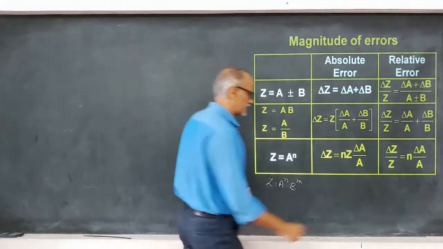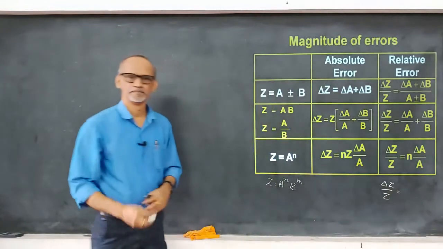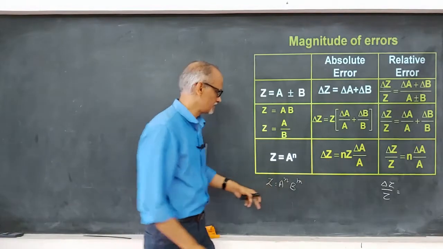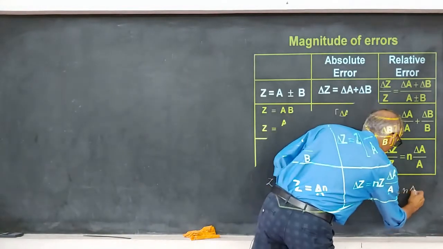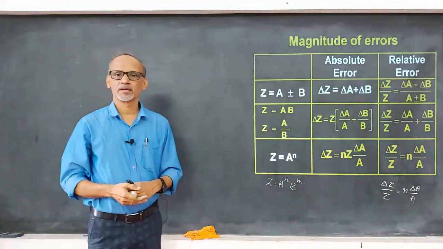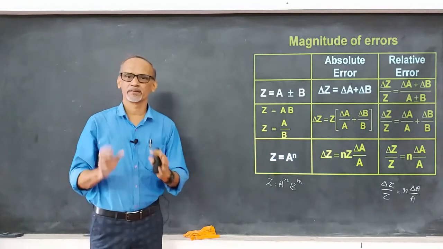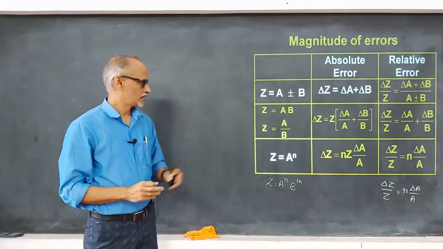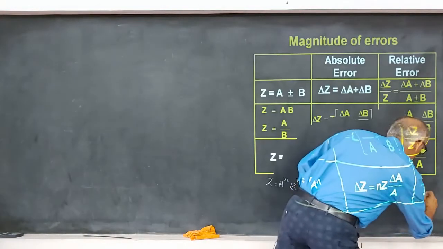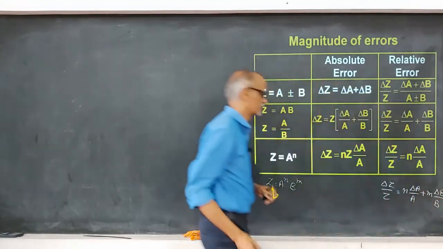Then delta Z by Z is equal to n times the fractional error in A. Remember, relative error and fractional error mean the same. So, n times delta A by A plus m into delta B by B.